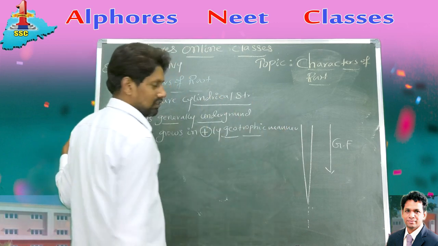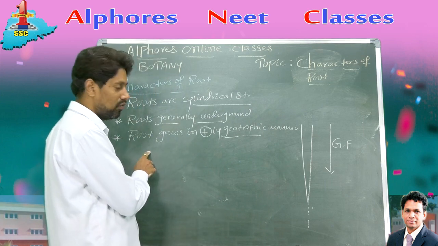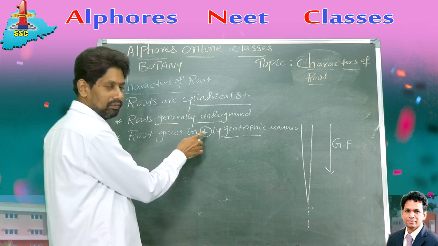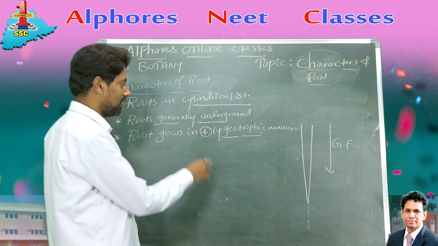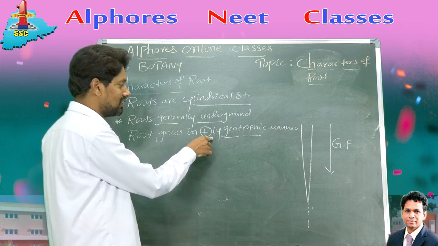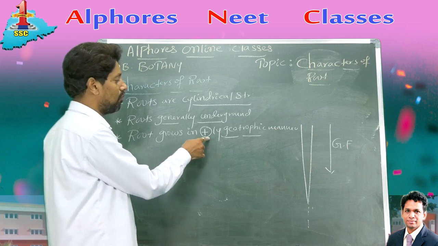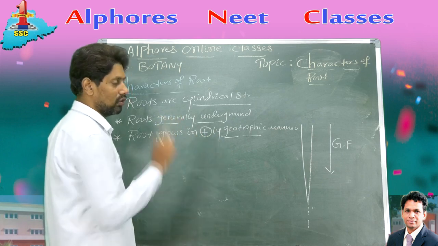Trophic means movement. It means here root is moving in the direction of gravitational force. Why did we use the word positively? Because it is in the direction of gravitational force, not opposite to the direction of gravitational force. So, we are calling it positively geotrophic manner.